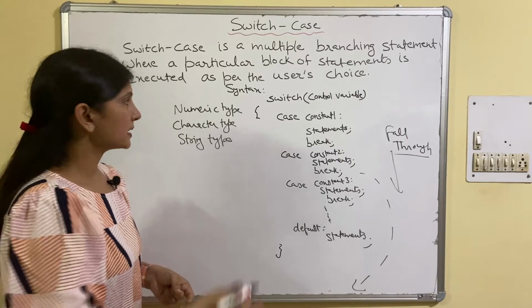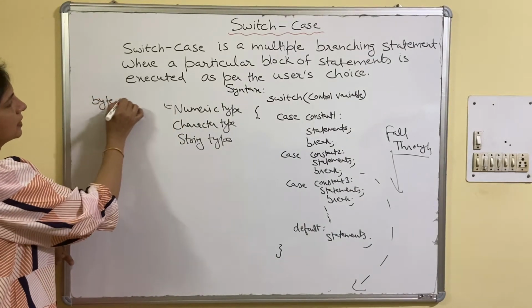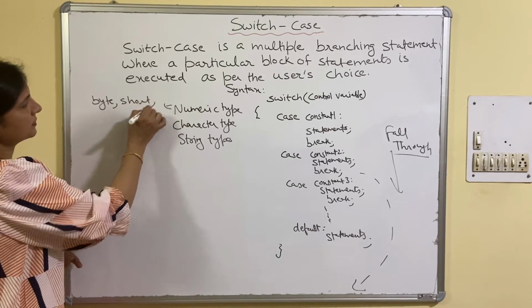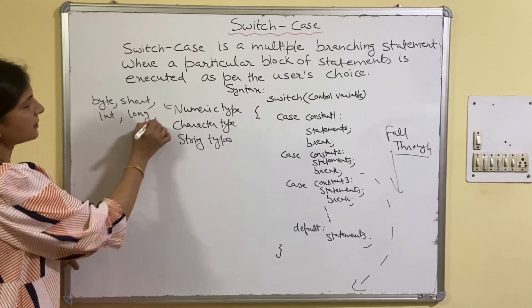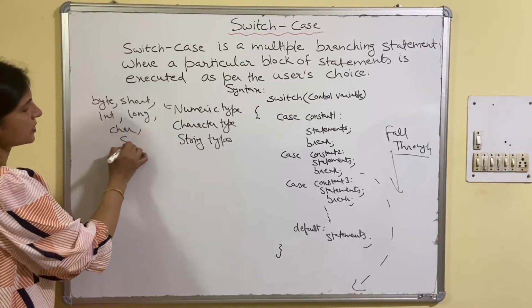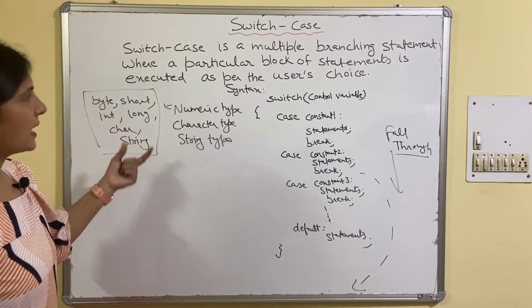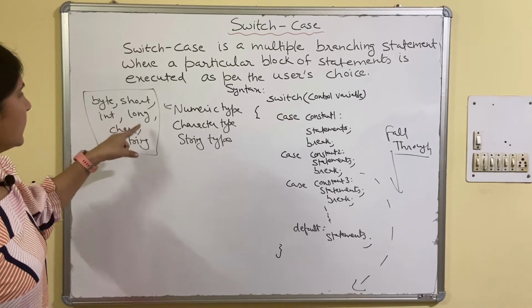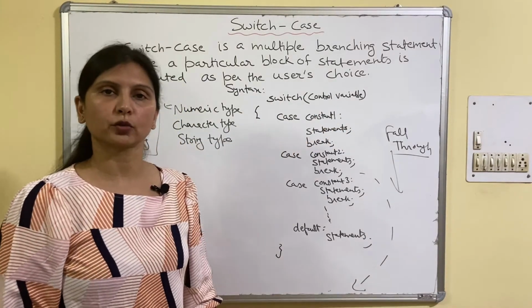Numeric type means it can be byte, short, int, long. Character type means char, and string type means string. So only these values are allowed. You can use byte, short, int, long, char, string. These values are allowed for control variable.